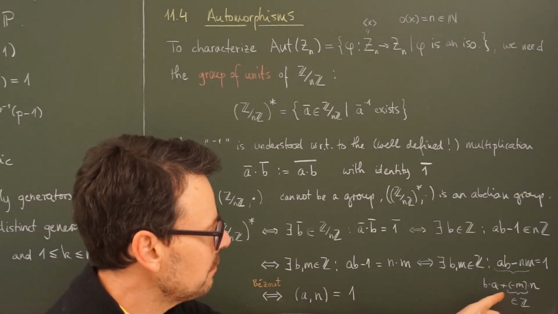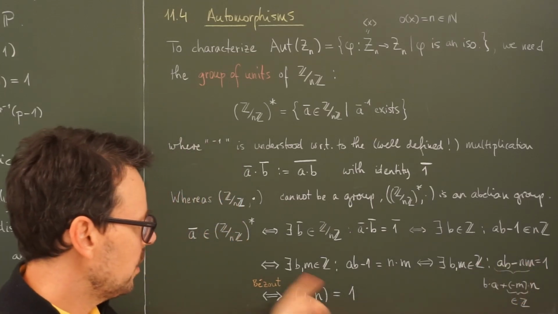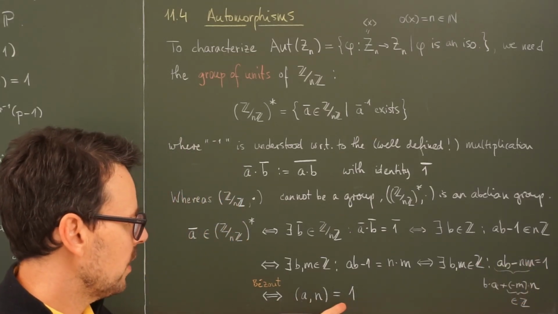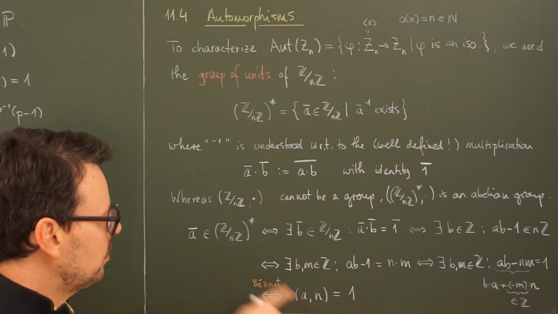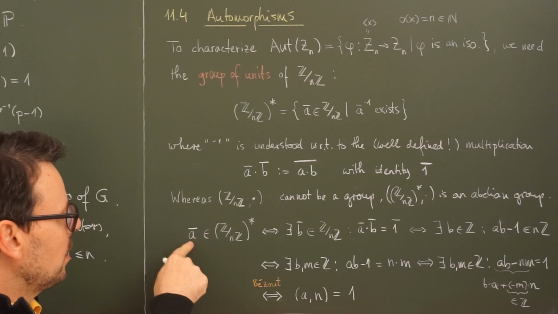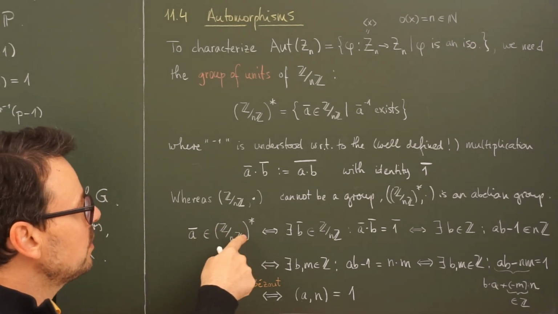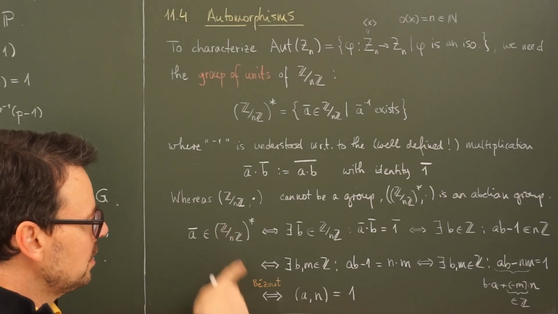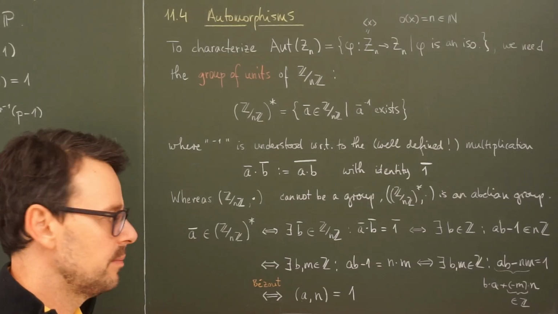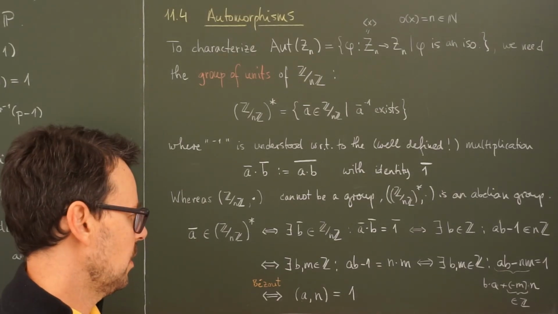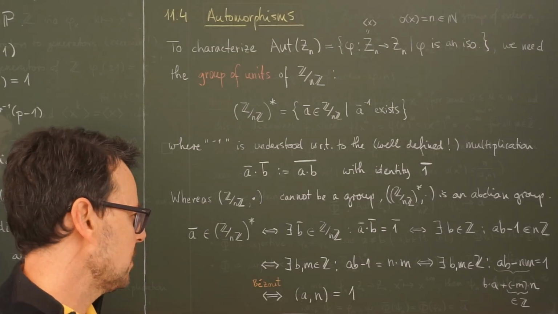So if and only if this integer linear combination gives 1, then A and n are coprime. So to summarize this, we end up with the following important observation. A residue class A bar lies in the group of units of Z mod nZ if and only if A and n are coprime. This will be a very important observation for our next proposition.